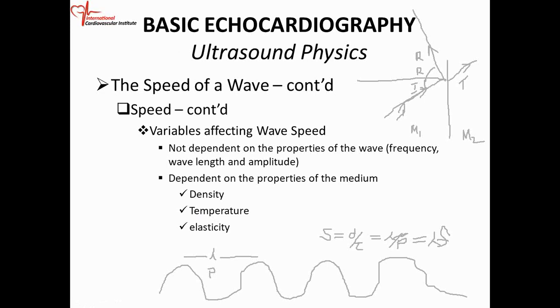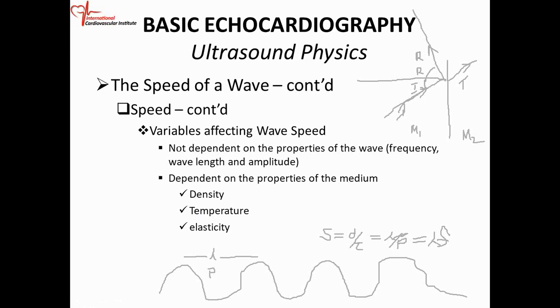So you have to have that concept clear, because when we do ultrasound, the sound wave is constantly moving from one media to the next. When you start, it moves from hair to the skin. It moves from the skin to the subcutaneous tissue. Then it moves from the subcutaneous tissue to, say, the heart tissue. So it's constantly moving from media to media.